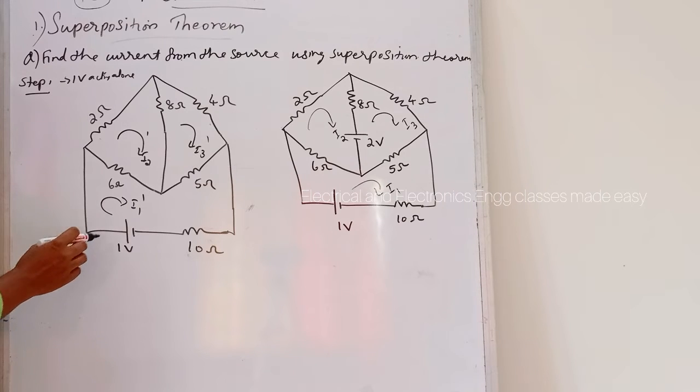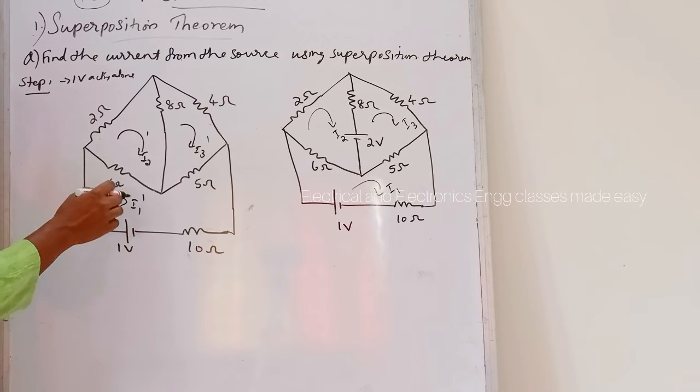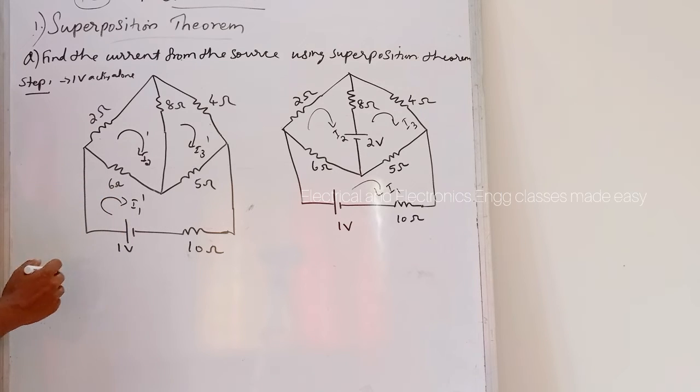So here by the mesh analysis by inspection method, we can find the value of I1 dash very easily. That is, in R into I equal to V form, we can write the matrix.